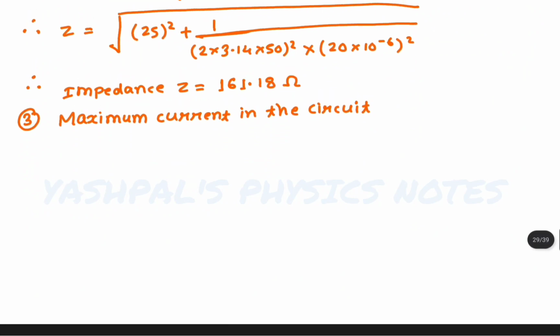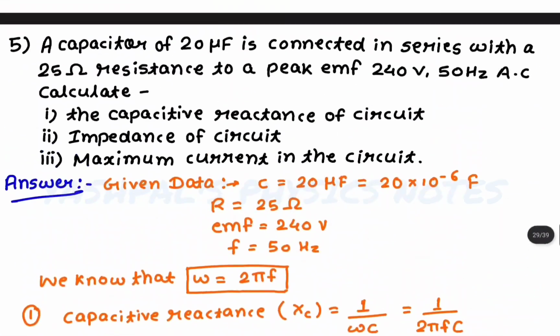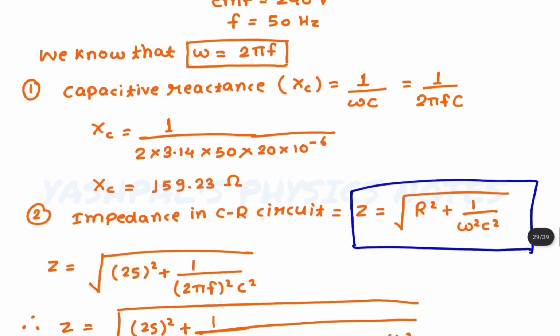Okay. So now, what is the formula of maximum current? It is given by I naught is equals to E naught upon 1 upon omega C. Omega is angular frequency and C is capacitance. E naught is the EMF value. That is, EMF is given as 240 volt.